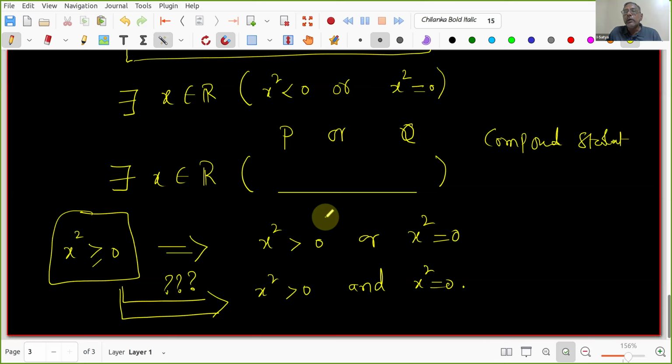Nitin Thakur, you told that it cannot be true. Can you tell me why? Sir, because when we use 'and', both statements must be true. That means there is a real number whose square is positive as well as equal to 0.